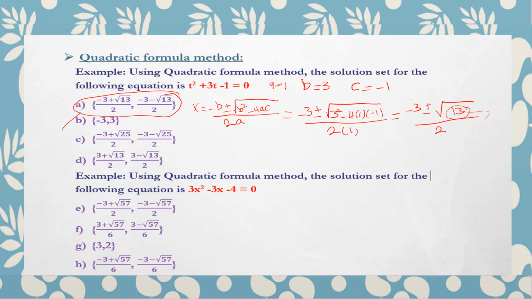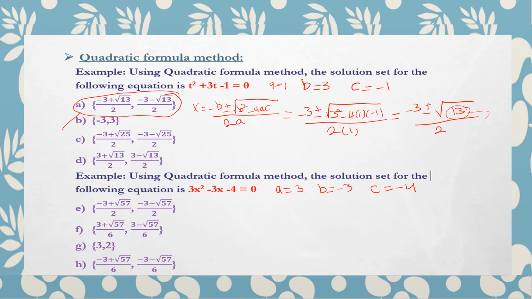Again, another example: by using the quadratic formula method, find the solution set for this equation. First, a equals 3 and b equals minus 3, where c equals minus 4.